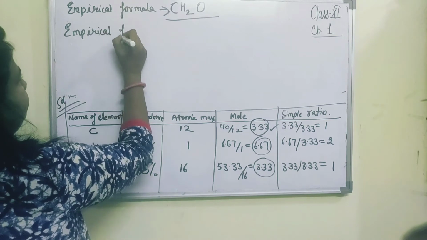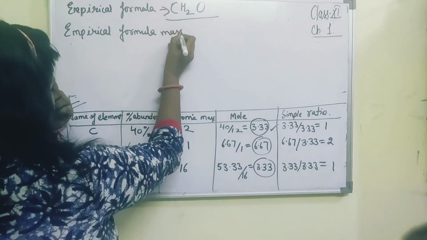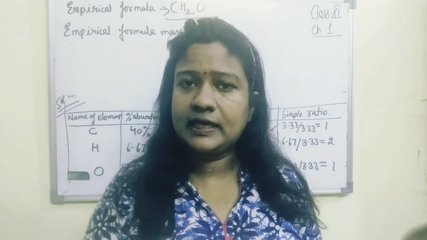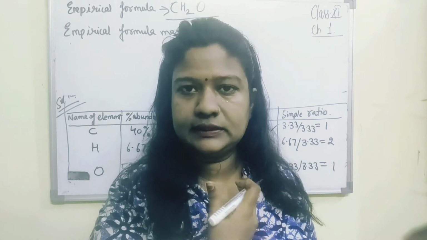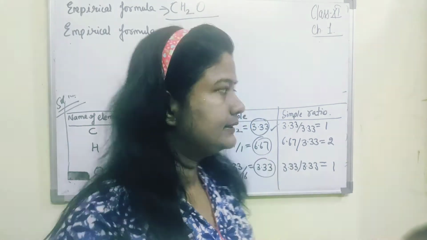Empirical formula mass. Only a simple addition of the atoms present in this compound, each multiplied by their atomic weights.